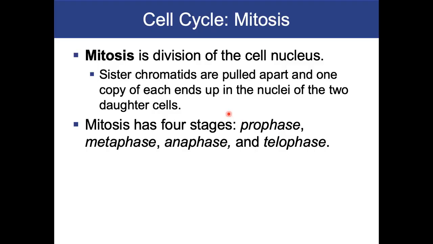And so that can be very dangerous, right? Because then those cancer cells push all the good healthy cells out of the way. Okay, so it has 4 stages, and you would deal with this with cancer.